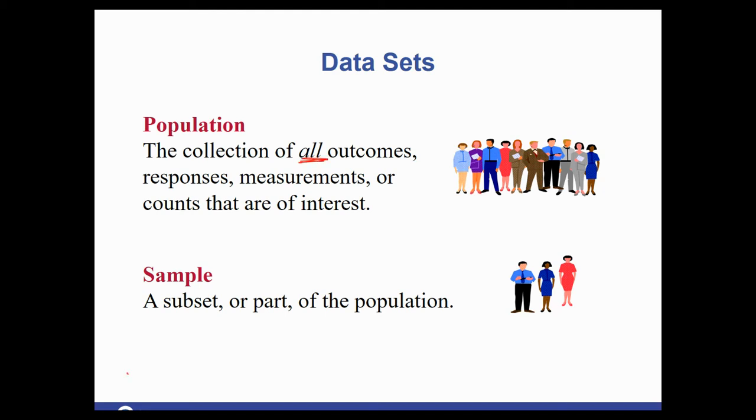So these are the keywords right there. Other times with sample, you might hear it say some, or it'll mention a specific number, but you know that there's actually more than that. With population, it'll say things like all, every, or it'll count every single thing that is in the group.